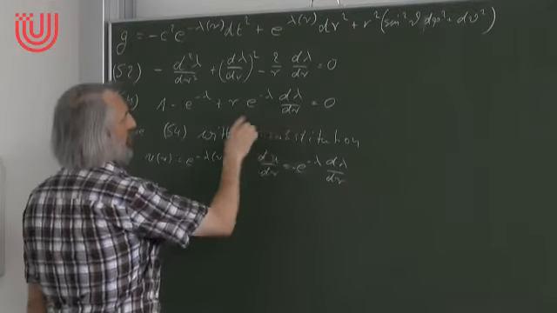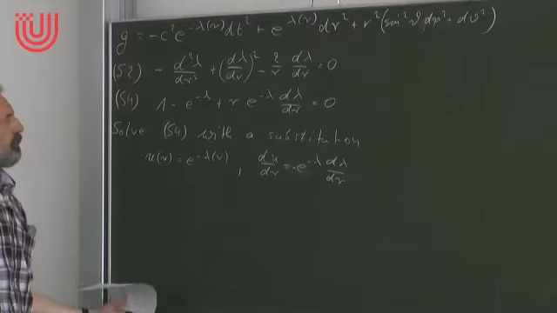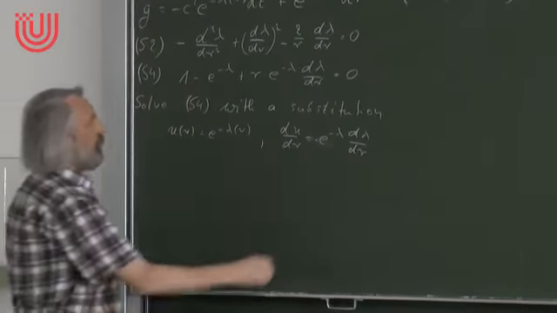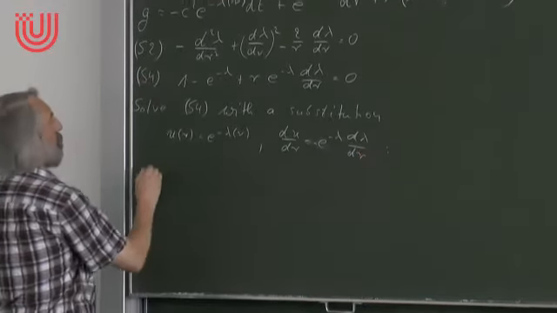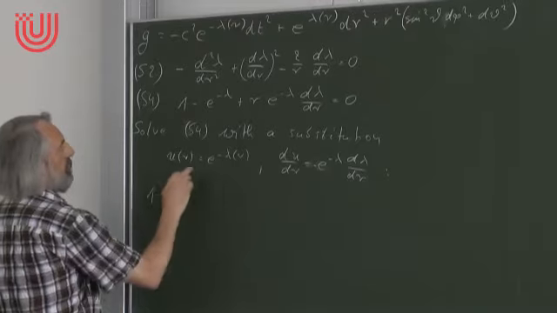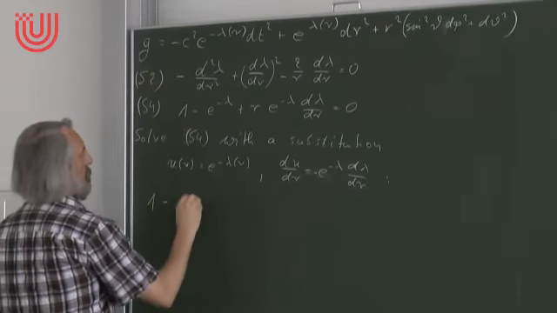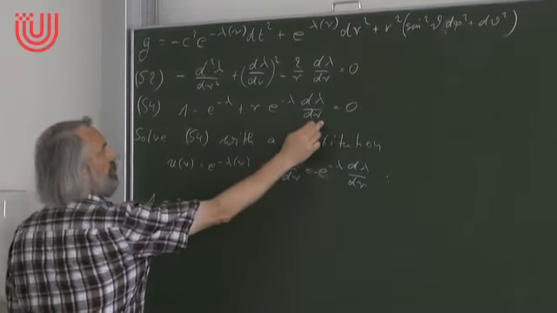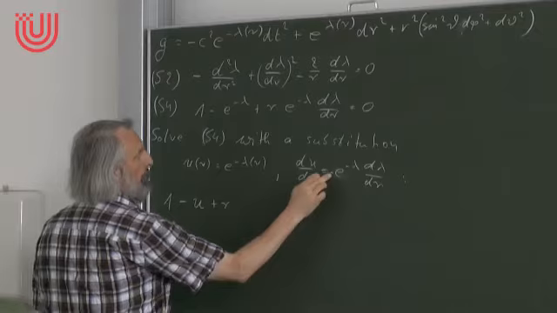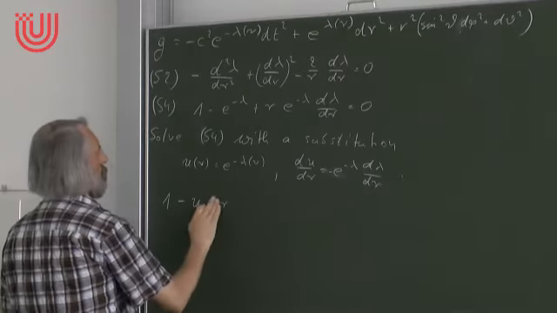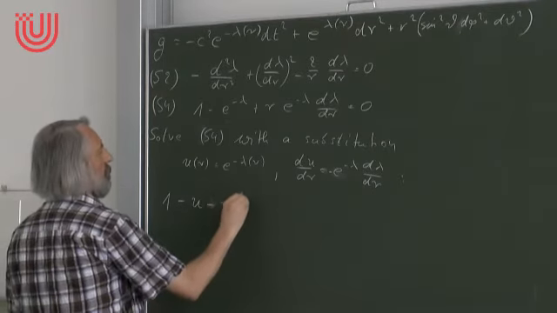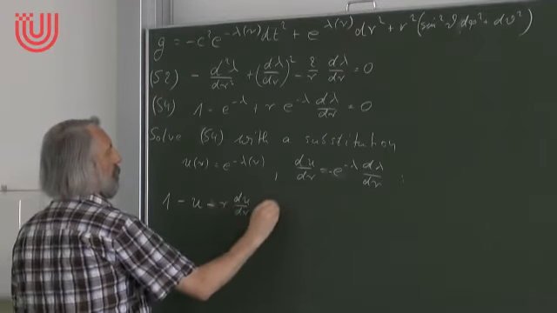That's precisely the expression we have here. So you see that that's a convenient substitution. And then our differential equation becomes 1 minus e to the minus lambda is u plus r e to the minus lambda d lambda by dr is minus du by dr. So the plus becomes a minus du by dr, and the whole thing is 0.